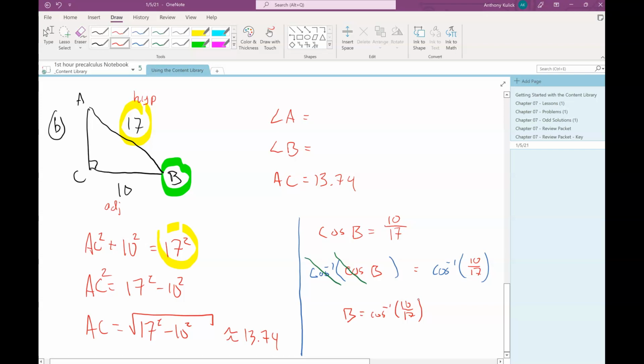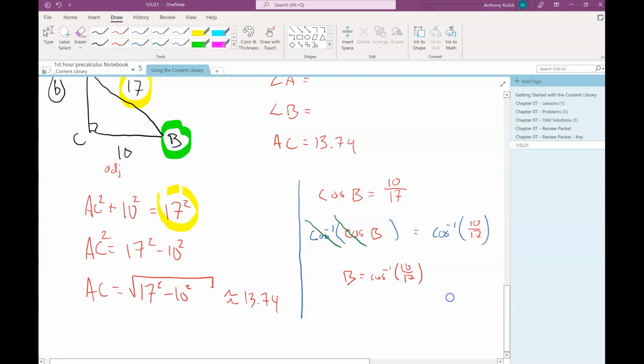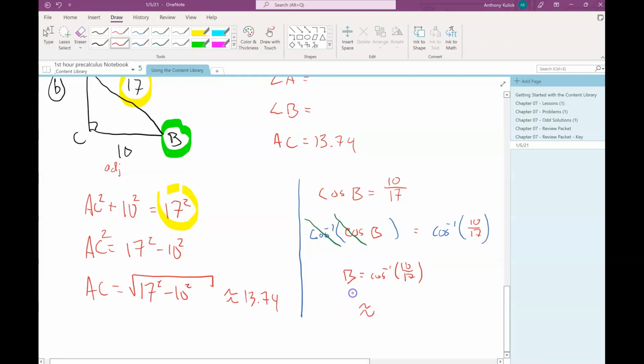Everybody okay with that idea? Remember, the inverse trig functions, when you do sine inverse, cosine inverse, tan inverse, return an angle measure. B was an angle measure, so it makes sense that we have to use one of the inverse trig functions to get that. Everybody still good?